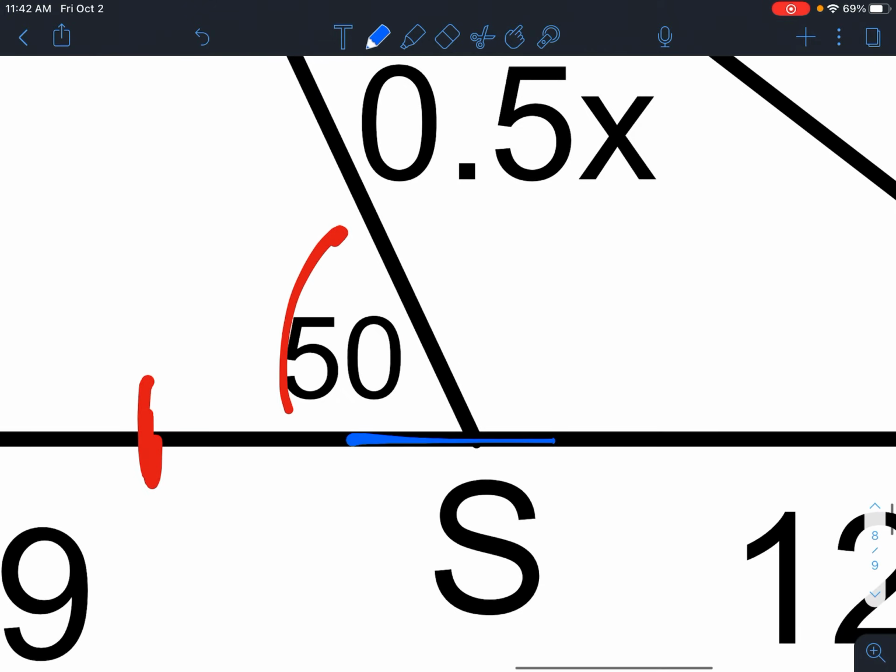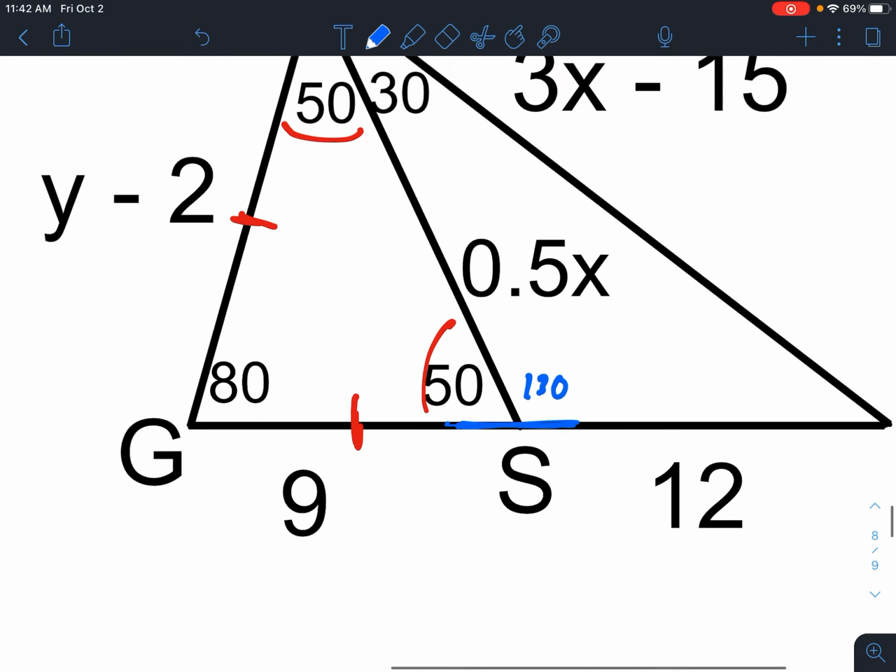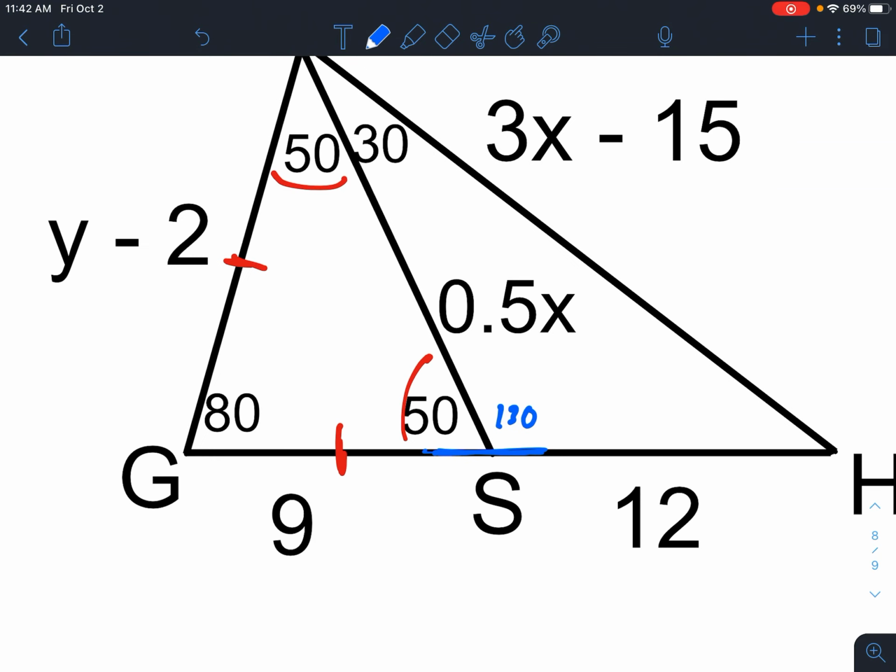Right here, I know this is a linear pair. So 180 minus 50 is 130. And then if I do 180 minus 30 minus 130, I get this angle here is 20.